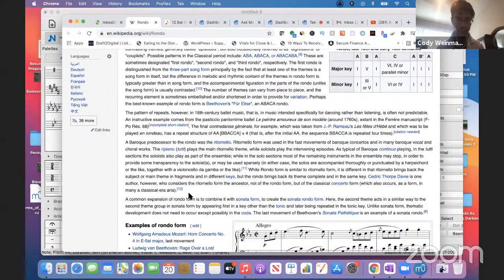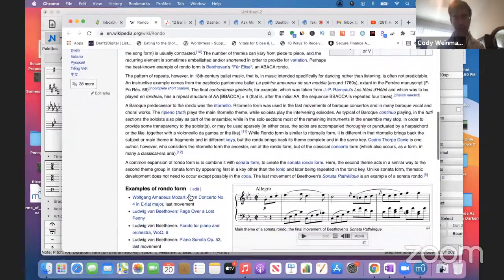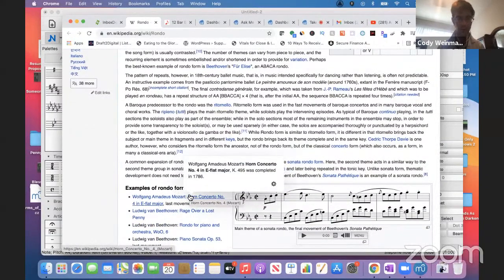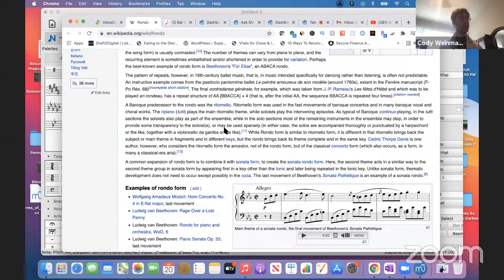Yeah, and it's almost like a sequence. A sequence is where you have a different set of notes. Let's say you have a G, B, D, C, and then you go down a whole step: F, A, C, B flat.